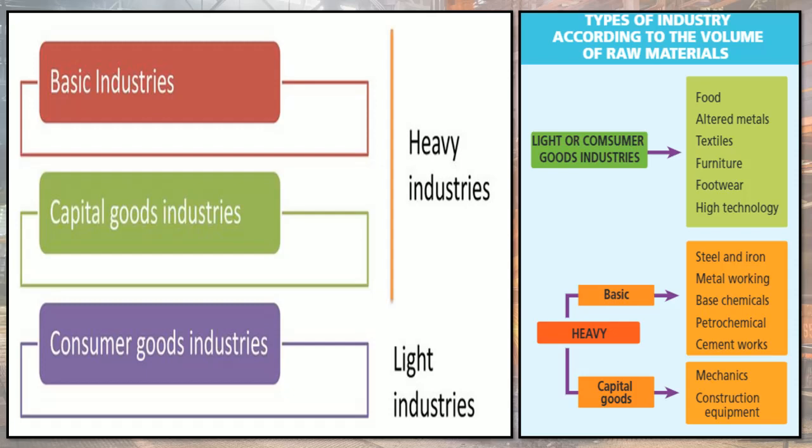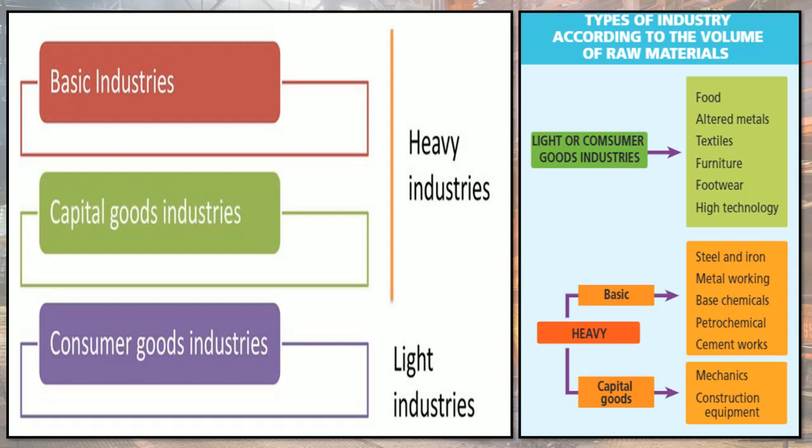These ones manufacture products that are to be sold directly to the consumer, which is most of the industries: pharmaceutical, textile, footwear, food, high technology, furniture, whatever you can imagine.